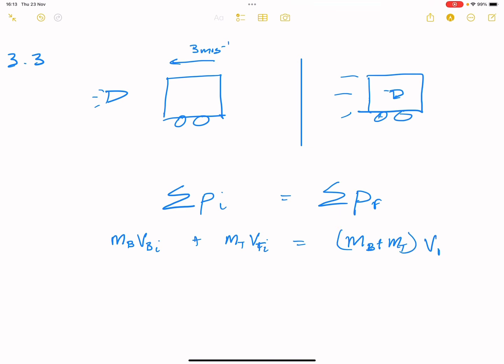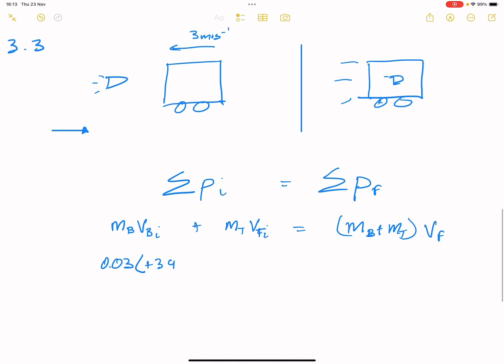So I'm going to add the masses and have a common velocity. Right, so we're going to have 0.03 times. Now we remember we need to take a positive direction. So I'm going to take the direction of the bullet as positive.